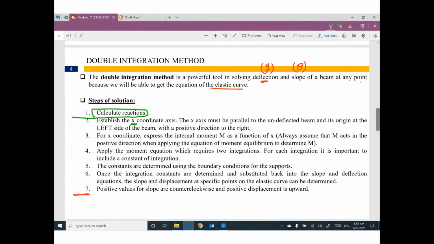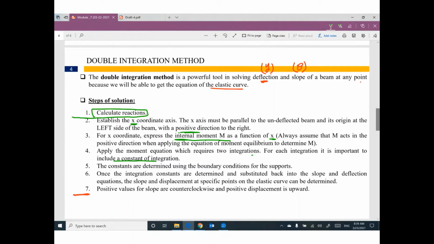At this x, we will do cut and put the moment in the positive direction. Then I will express what is the value of moment as a function of x. Then I will apply the equation, which requires 2 integration. For each integration, it is important to include a constant of integration.